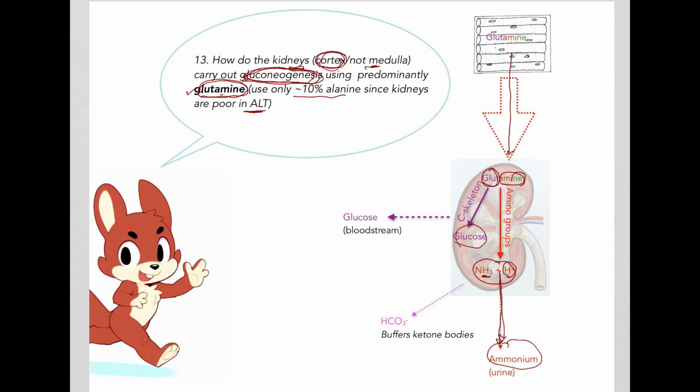Besides getting rid of excess nitrogen in the form of ammonium, and making glucose to maintain our blood glucose concentration during starvation, the kidneys also produce bicarbonate, and this bicarbonate is very important to buffer the fatty acids and the ketone bodies that are predominant during starvation.